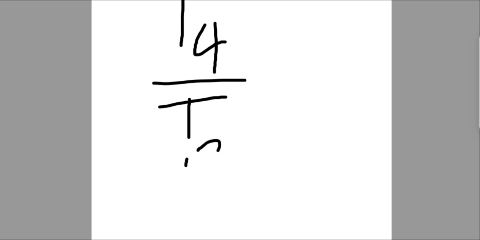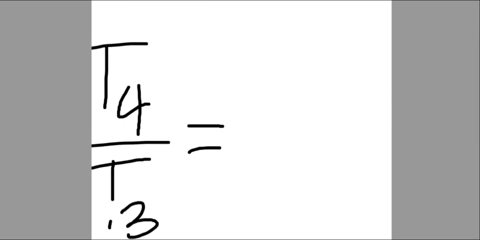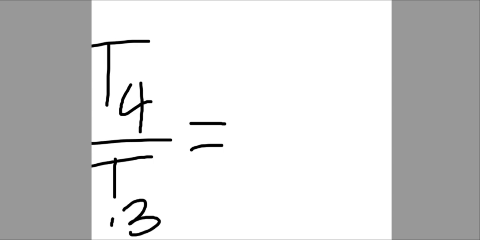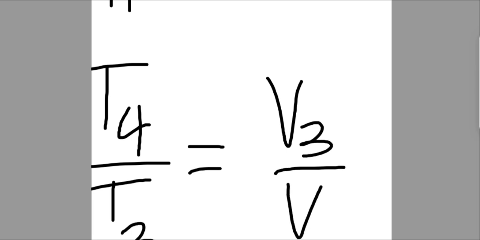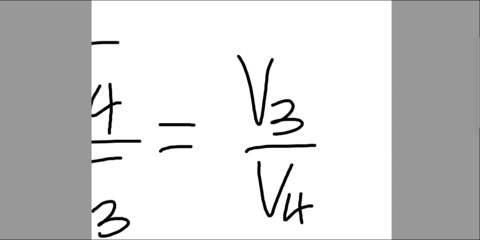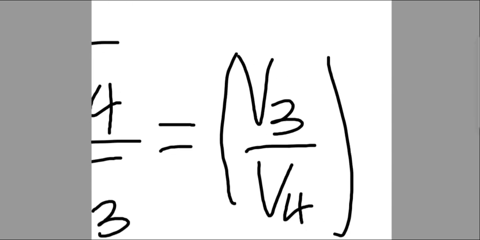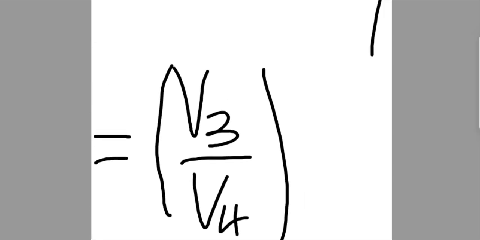Our T4 over the value of T3 would be equal to V3 over V4, all to the power of gamma minus 1. So we have this all to the power of gamma minus 1.